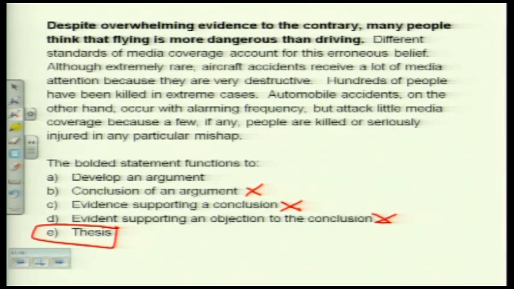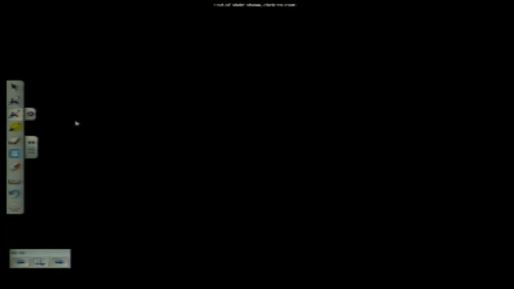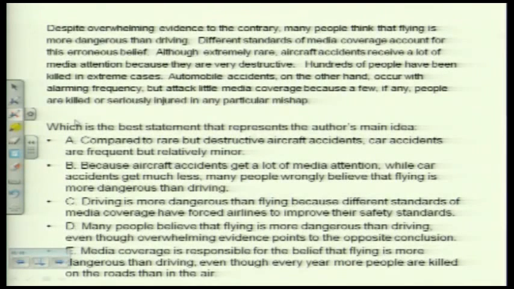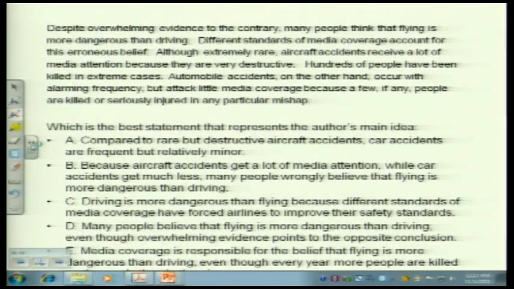But for this one, it's best to choose that it's the thesis sentence, because you can try cutting it out, and without it the paragraph wouldn't have a unified statement that would cover all the arguments being made here. So you would choose it as a thesis. And following from that, what's the best statement that represents the author's main idea in this paragraph?